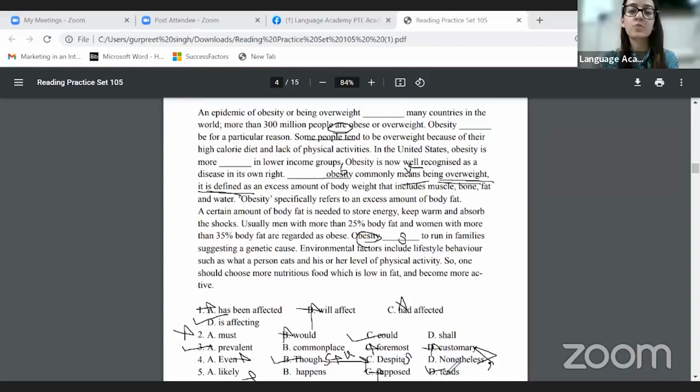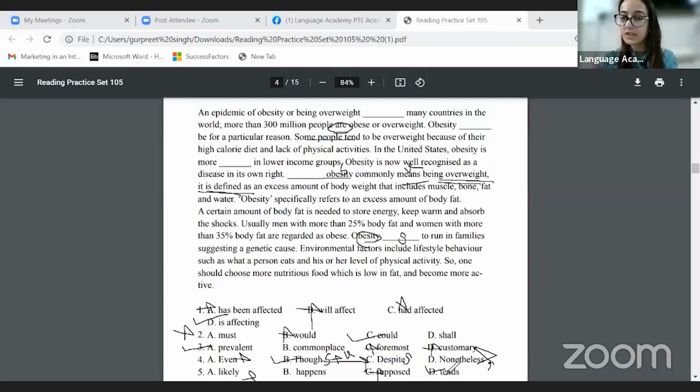And the last one, obesity will be considered singular. So we need to have a verb with s, and there are only two options that we have. Obesity happens to is more of a sure thing, whereas tends to is likely to. Likely to means possibility.